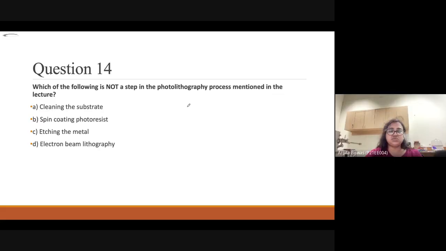So next is question number 14. Which of the following is not a step in the photolithography process mentioned in the lecture? First is cleaning the substrate. Second is spin coating photoresist. Third is etching the metal. And fourth is electron beam lithography.